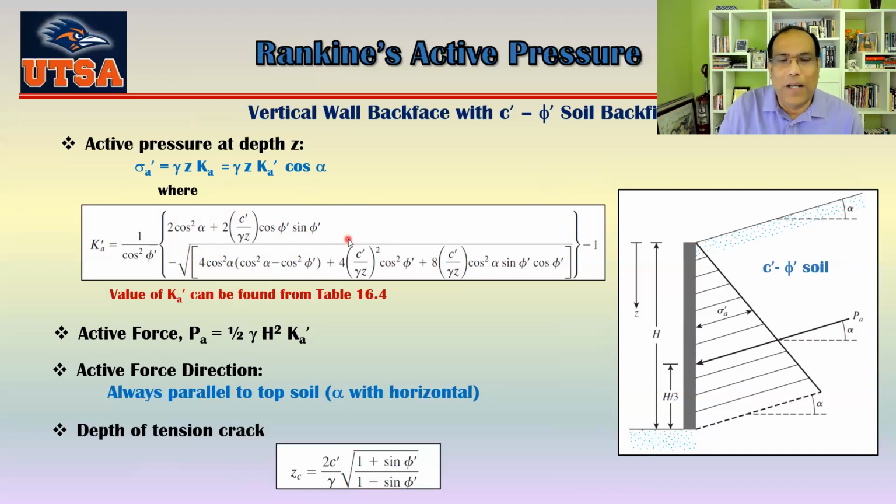You can also find that directly from your table 16.4, but sometimes you will see the table uses only numbers at regular intervals, so your phi and your alpha change only like 5, 10, 15, 20. But if your alpha is 7.5, maybe you cannot use that table directly, but definitely you can interpolate the values and find them from there.